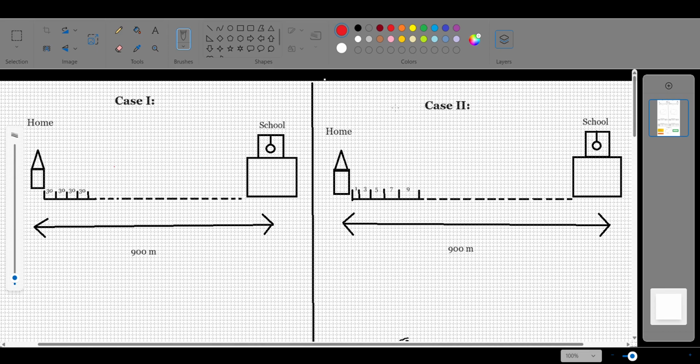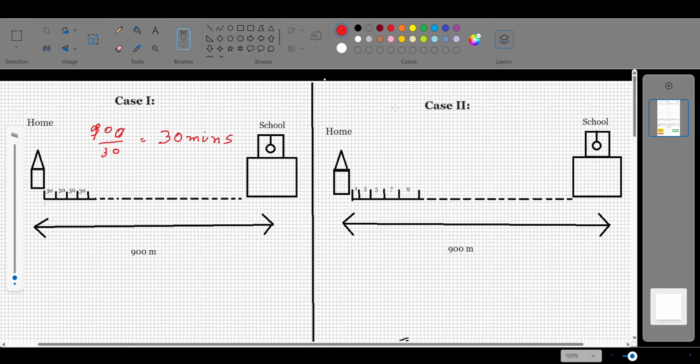Now, if he walks 30 meters every single minute, what does that mean? It takes him 900 by 30 minutes to reach there, 900 by 30 meters per minute, which tells us that it takes him a total of 30 minutes to reach his school, right?